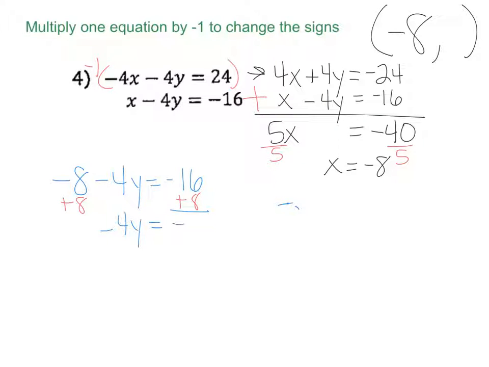Good job. What about the last step? Divide by negative 4. y equals what? 2. I found my y. My ordered pair, my solution, is negative 8 comma 2.